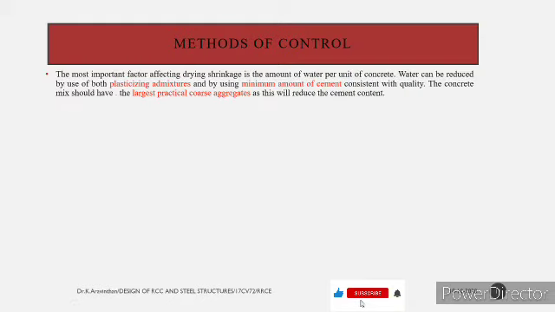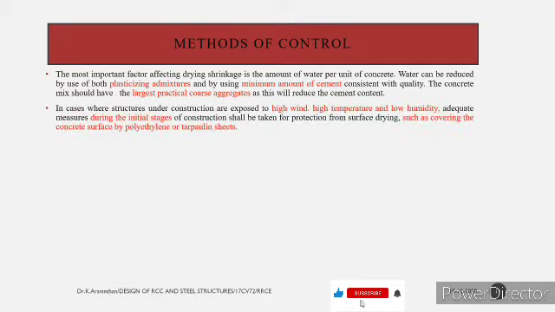If you compare 20 mm and 10 mm aggregates, with 20 mm aggregates there is a possibility of reduced cracks in the structure. While if you build a water tank purely with 10 mm aggregate, you will have a higher possibility of cracks.